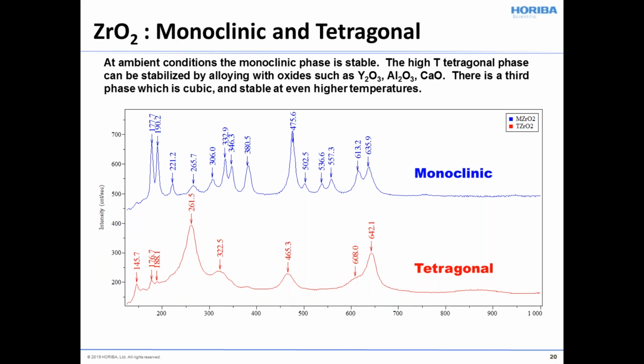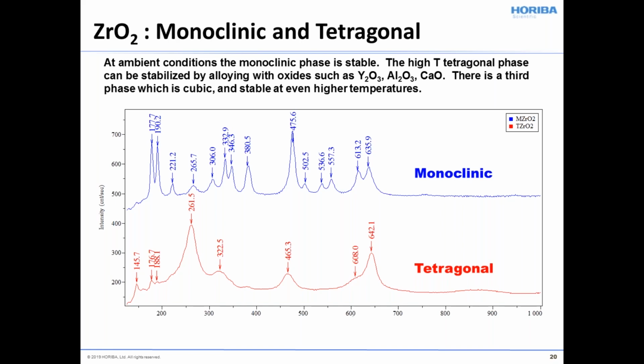But if you've got some kind of structures, devices, or materials that preclude you from using X-ray diffraction, and/or you need the spatial resolution afforded by a micro Raman instrument, then I'm here to tell you today that you can use Raman spectroscopy in a manner complementary to X-ray diffraction to differentiate crystal forms, in particular polymorphs, and also different elemental forms as well.